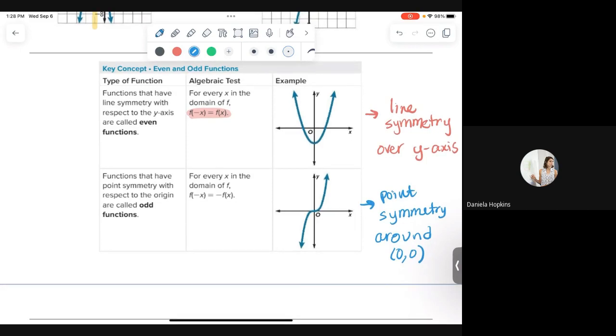If it has point symmetry, but it's off to the side, so if this function, instead of being where it is, was over here, that is not an odd function. It does not have point symmetry around the origin. Again, algebraically, there is a way to do this. How we would do this algebraically is if you plug in a negative x into the original function, and you look at that original function, you just flip all your signs. If those match, then it's odd.